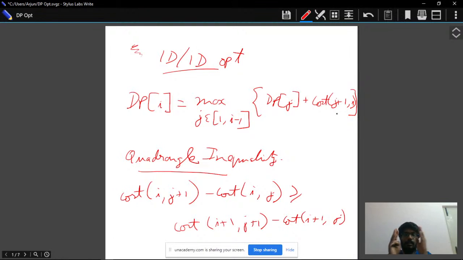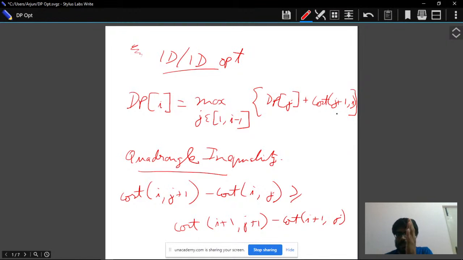So it's like I have dpi. Let's go to the context. Let's assume we are breaking down arrays into subarrays, partitioning them into subarrays. So it's like I have 1 to I. Where do I want to break it to get the last subarray? And so I get dpj plus cost of j plus 1 to I, right?